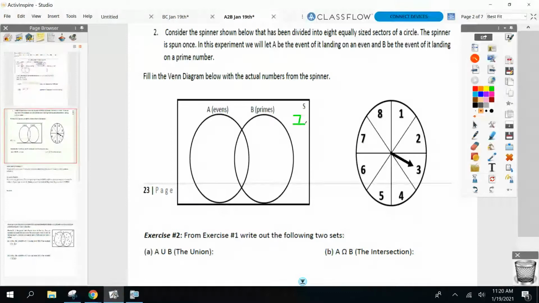All right, 2. Where should I put the number 2? Well, we all know 2 is even. And ready? 2 is the first prime number you come across. So it is even, and 2 is also prime. So I'm going to put 2 where the intersection is, because it is even and it's prime, so it goes there.